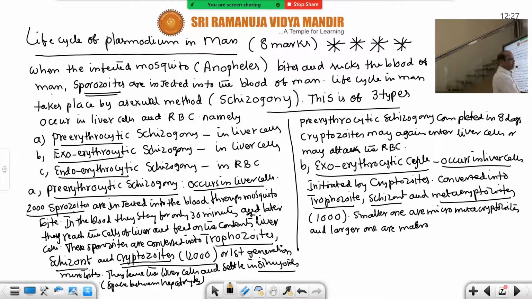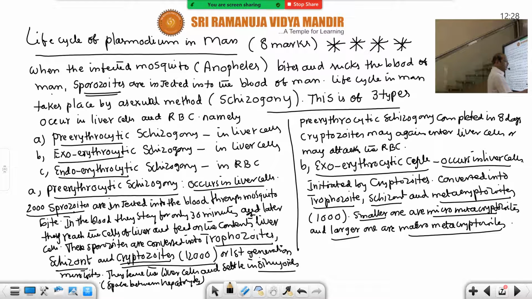The meaning itself is there, so you can easily remember. So these 1000 metacryptozoites are differentiated according to size variation. So exoerythrocytic schizogony, the second hepatocytic schizogony, is completed.